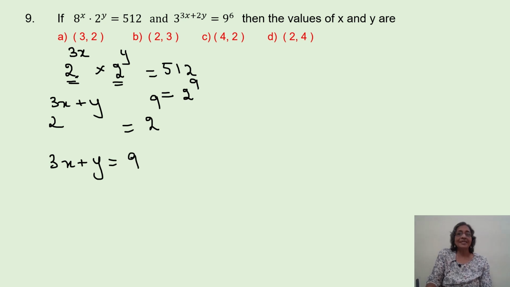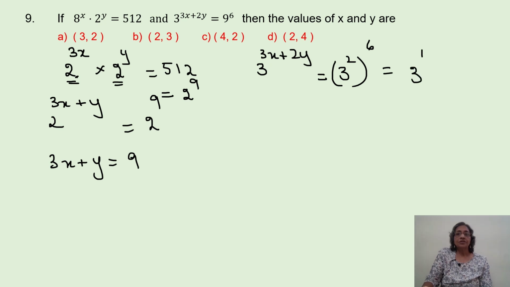Now I'll take the second equation. 3 raised to 3x plus 2y. I can make this as 3 raised to 2 times 6, so this will become 3 raised to 12. Now the bases here are the same. So I'll get a second equation now here in x and y.